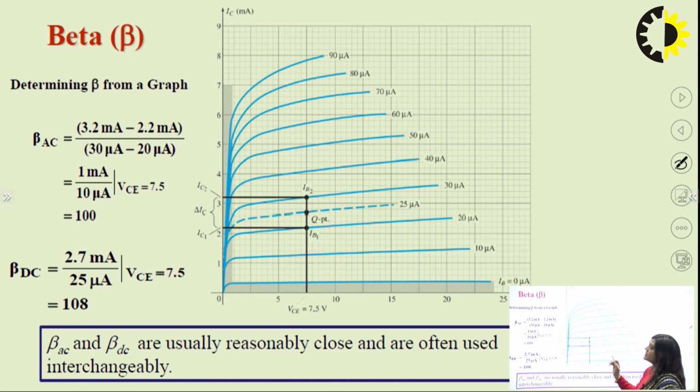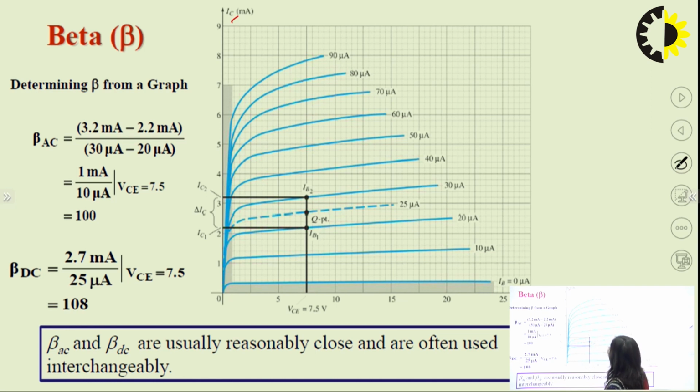Now this is how we can calculate the value of beta AC and beta DC, and generally we will find that both values are the same. So this is the output characteristics curve for the common emitter configuration. This is VCE and this is IC, and these are the characteristics plots.